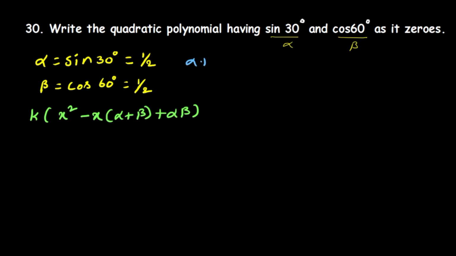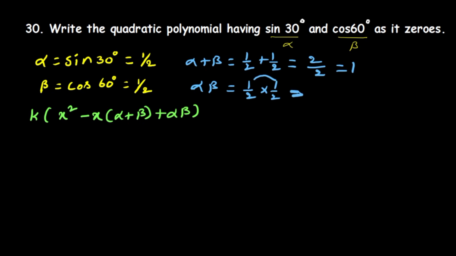That alpha plus beta is 1 by 2 plus 1 by 2, that equals 2 by 2, which is equal to 1. And alpha into beta is 1 by 2 into 1 by 2. So multiply both numerators, 1 1s are 1, and denominators, 2 2s are 4. So 1 by 4 is alpha into beta.